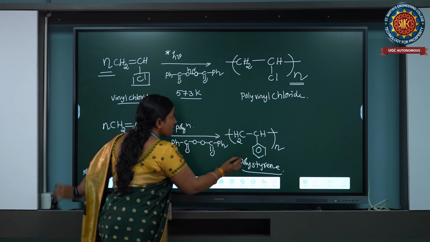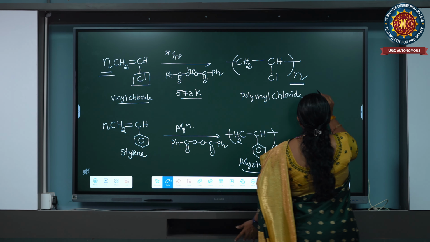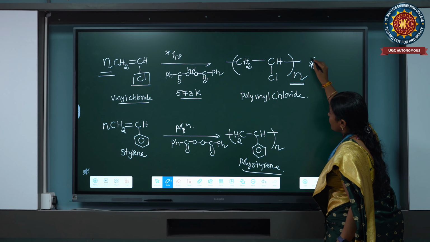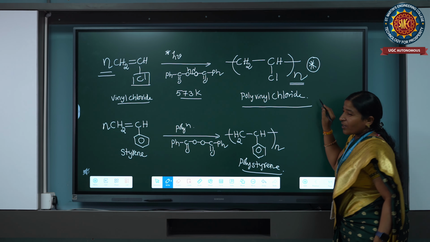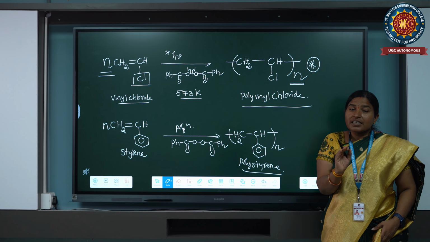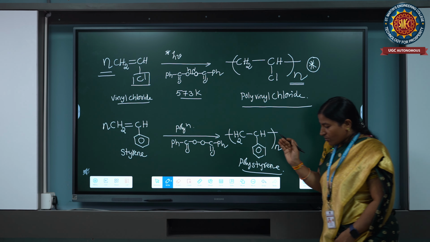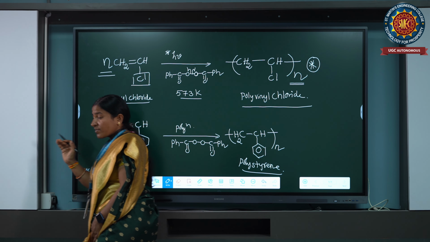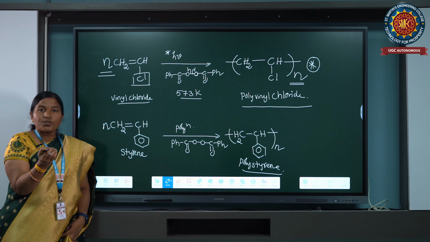Here is one application of vinyl chloride: in different ways we can use it in the manufacture of bottles.